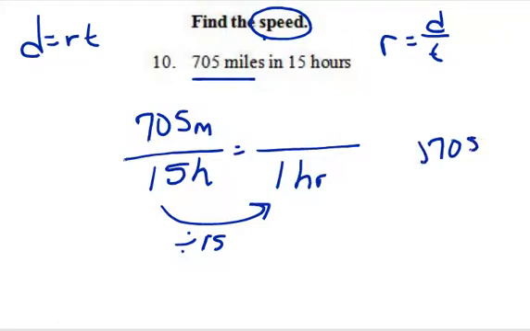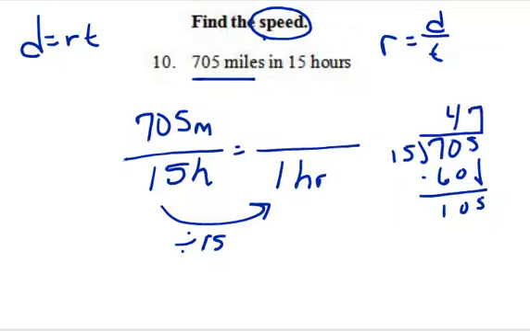Go off to the side, 705 divided by 15. 15 goes into 70 4 times. 4 times 15 is 60. Subtract, 10, going down to 5. And 15 goes into 105 7 times. 7 times 5 is 35. Carry the 5. 7 times 1 plus 3 is 10.